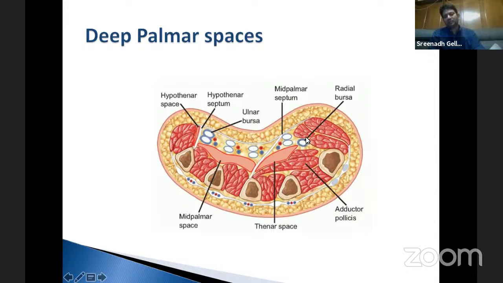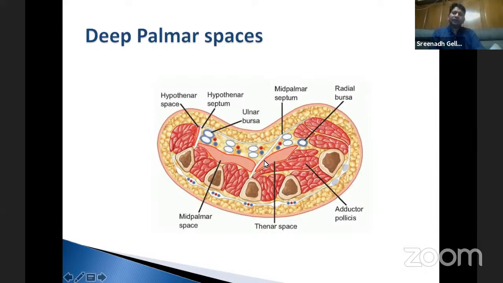It's an imaginary septum here, a very thin layer that comes on this side. On the dorsal aspect, it is the fascia covering the adductor pollicis, and on the volar aspect, you can see the flexors going to the thumb and index finger.